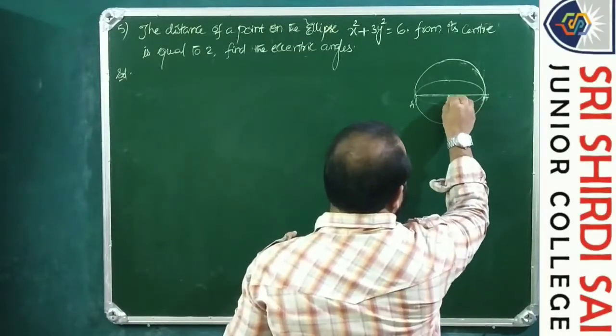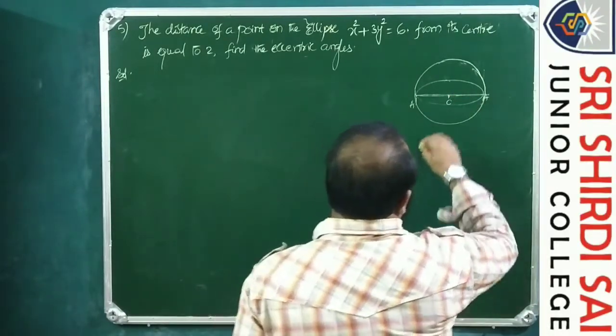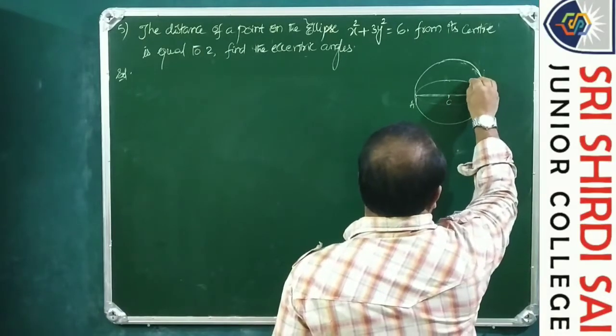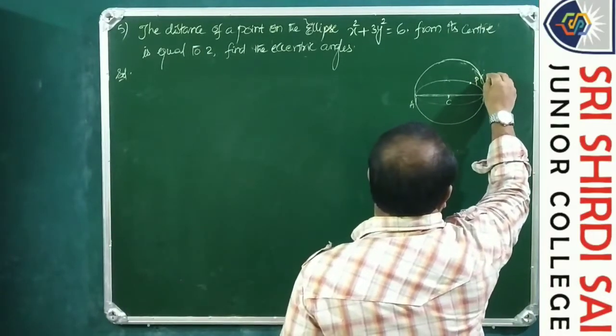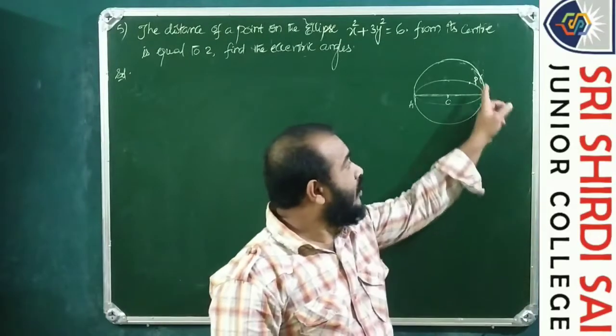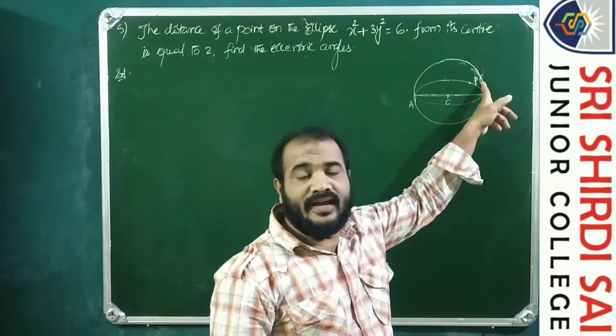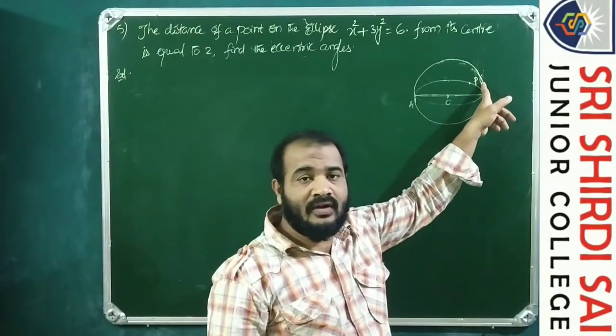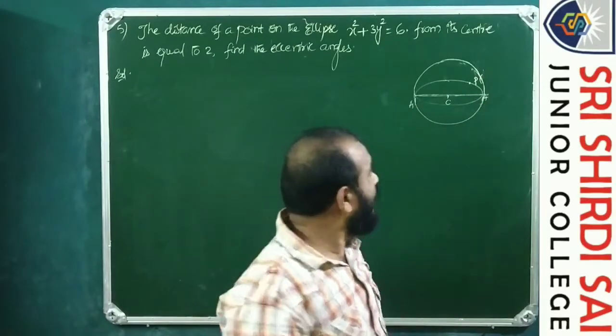So this is C, and let P be any point. What is the parametric point of the circle? A cos theta, B sin theta, which we deduced in the last video.